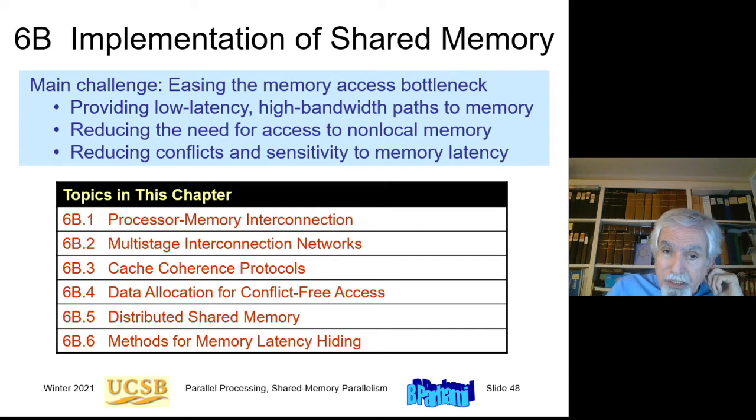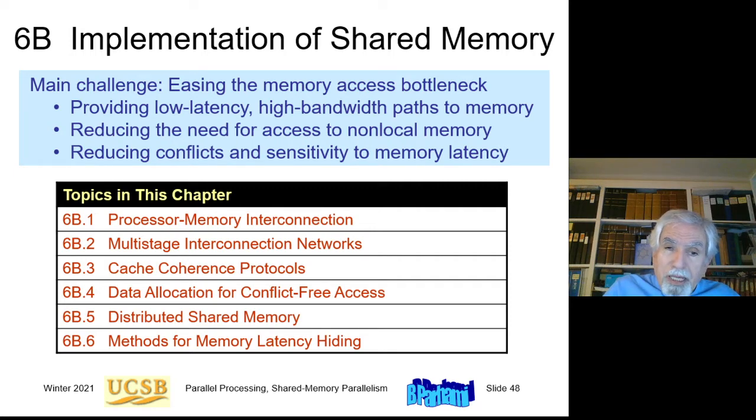What are the challenges? And we will see that we have to make some compromises in order to make that model realizable in hardware. And those compromises basically affect the ease with which we can program the machine, and also the performance that we get from the machine. So these are basically topics discussed in chapter 6b and 6c.